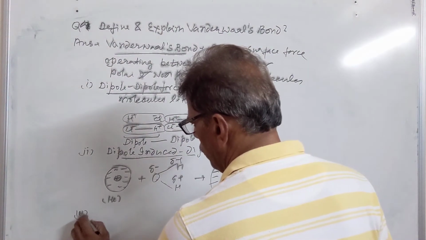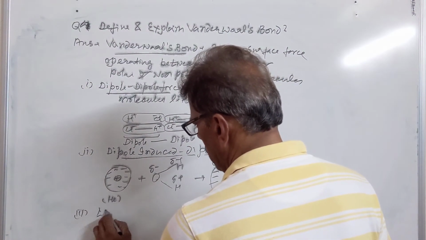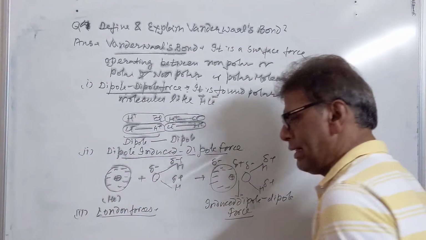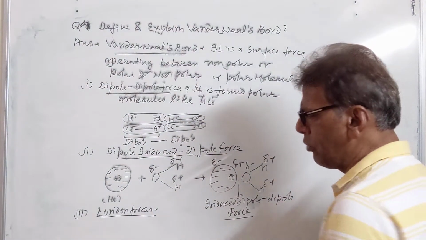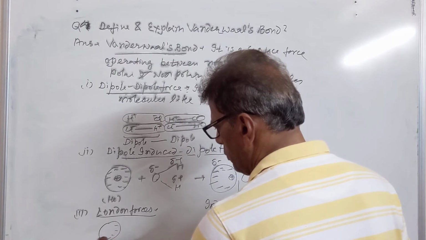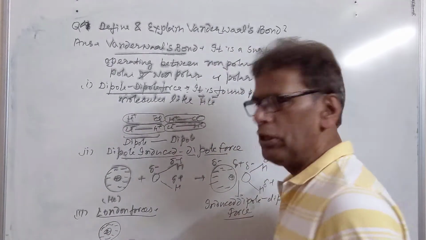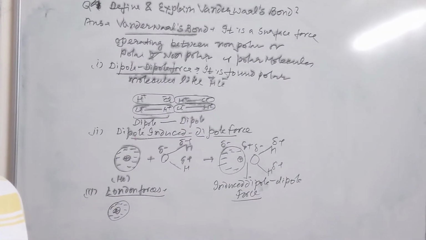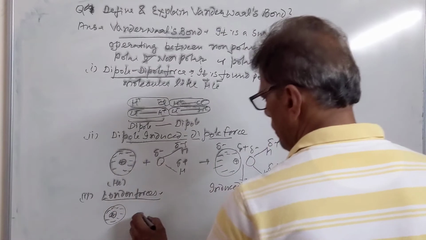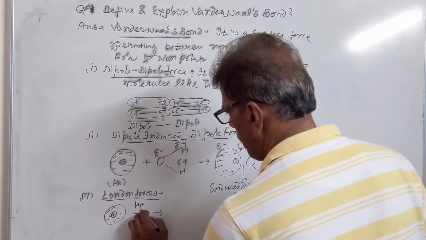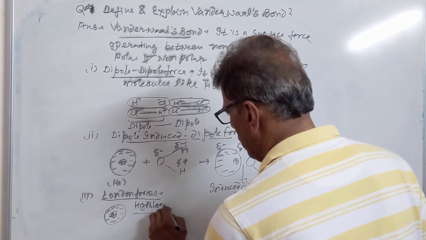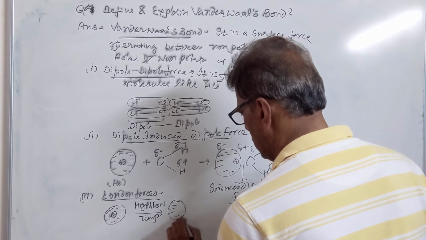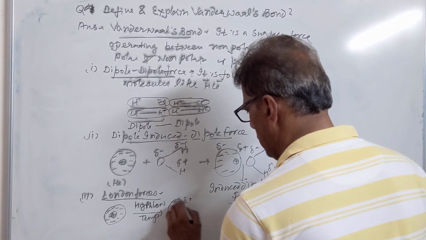Then we have the third type of force, London forces. This force is found in non-polar molecules. Initially the molecule is non-polar, and when high pressure and low temperature are applied to it, its electrons get shifted to one side and the nucleus to the other side.